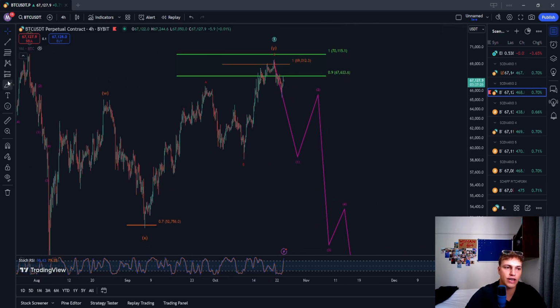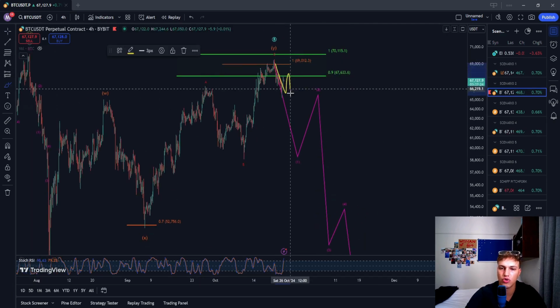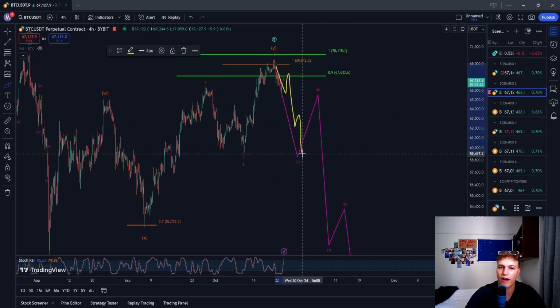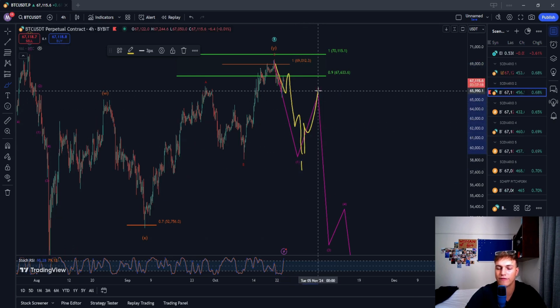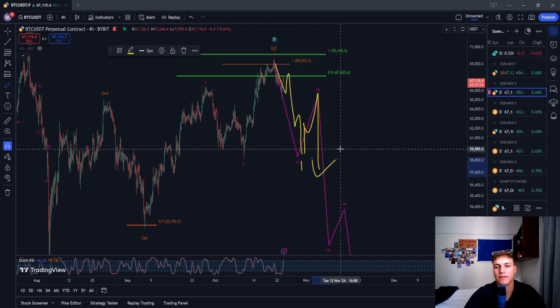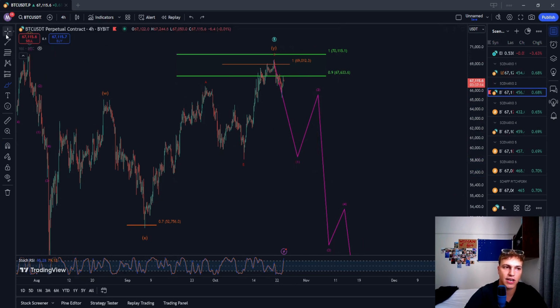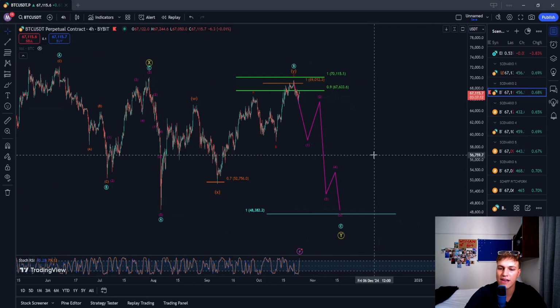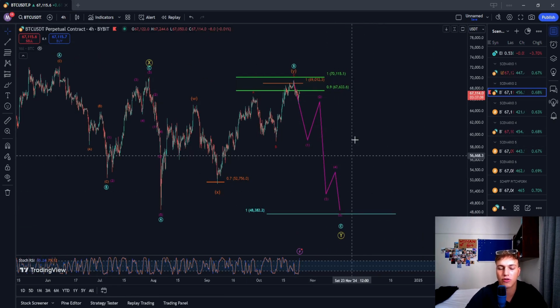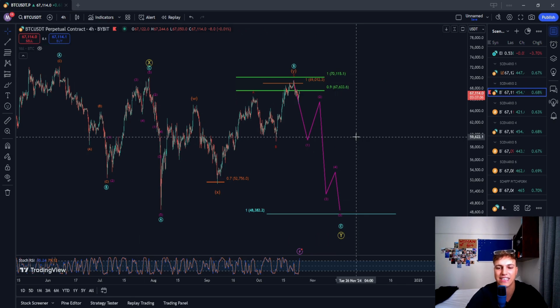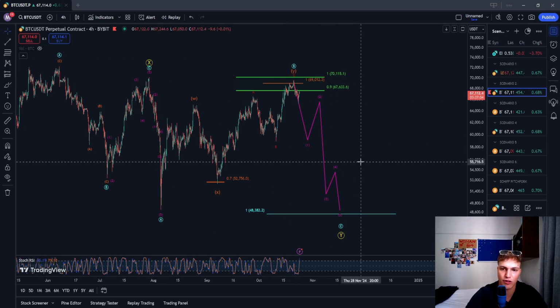This could actually be a 1, 2, 3, 4, 5 in wave 1, then followed by the A, B, C in wave 2, and then that massive dump towards the downside. This move would target 48,382 as the 1-to-1, but remember, a C wave can indeed extend, so be careful over there.